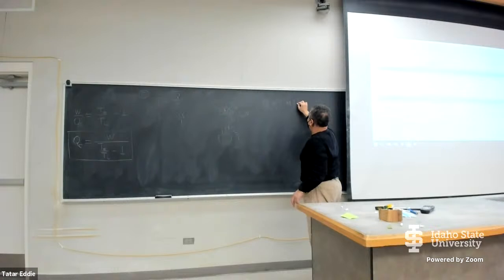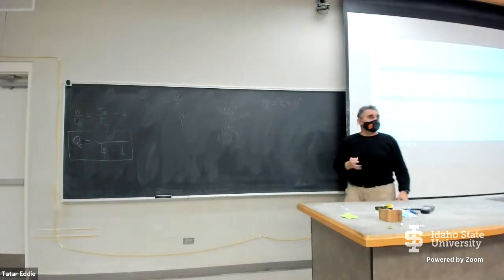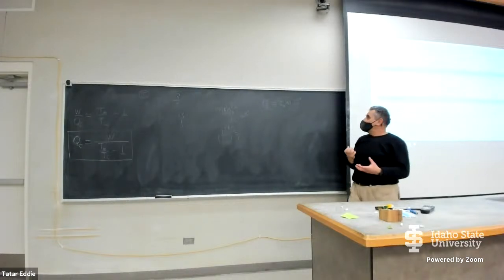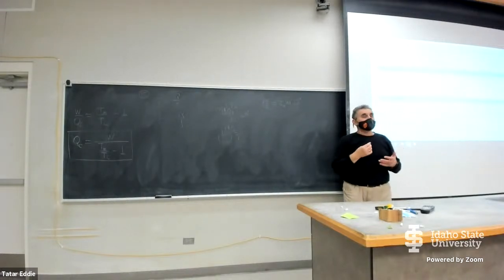So this is a 22-degree difference. So heat capacity of water. This is the amount of heat that you have to extract from the water to make it water at 0.